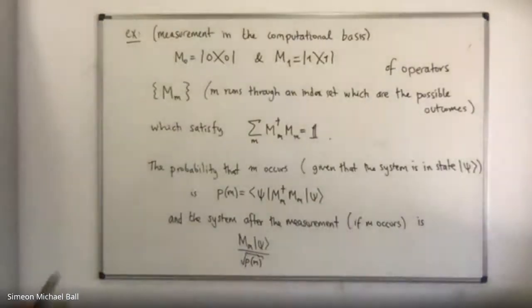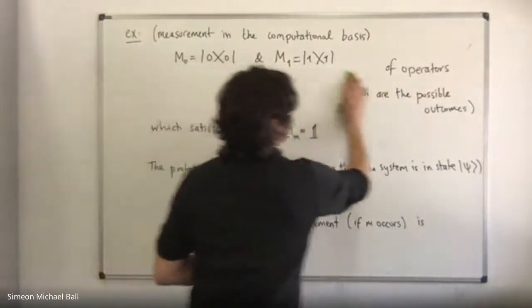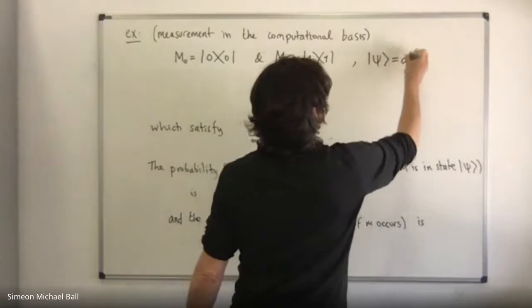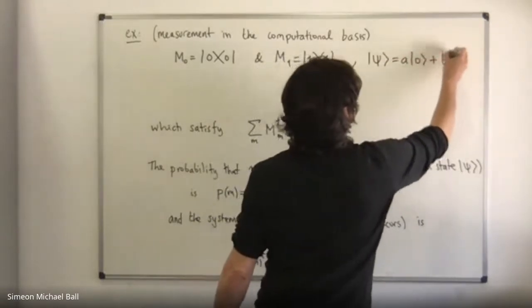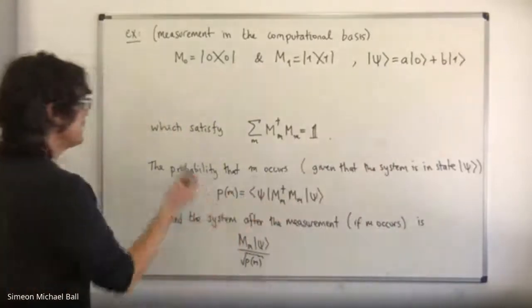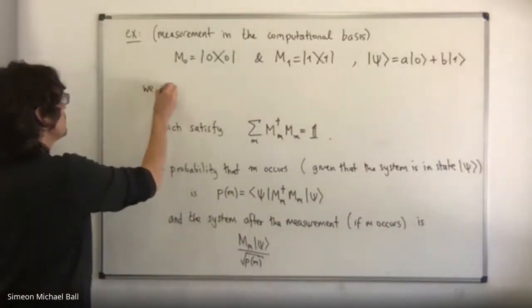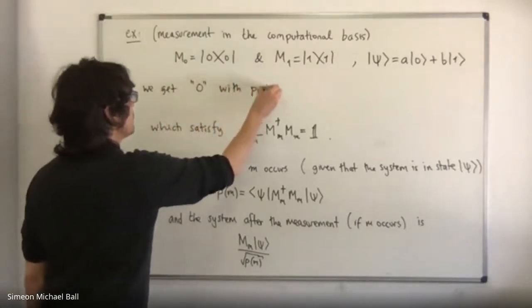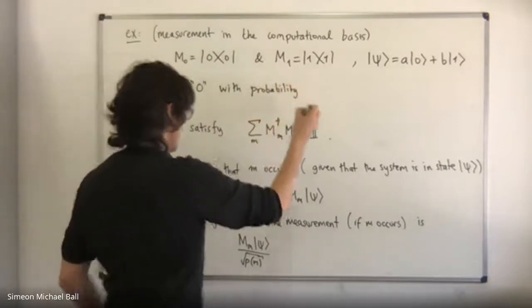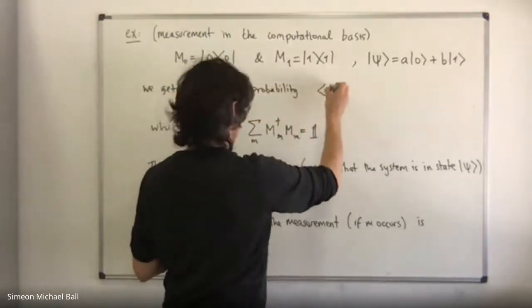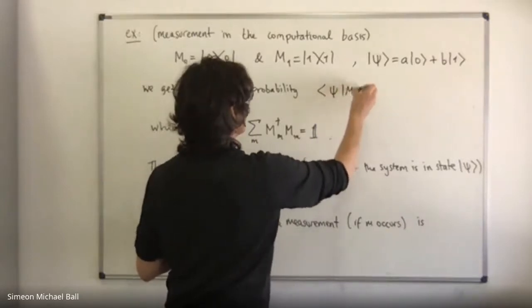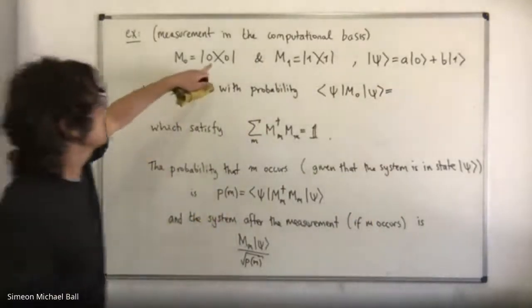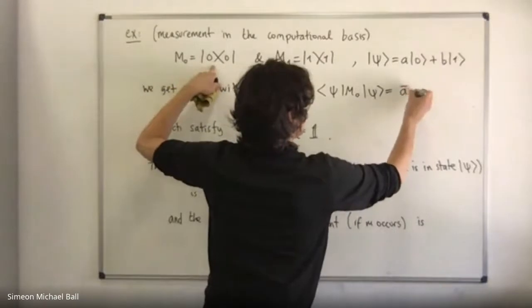This is just measuring our qubit. So we get 0 with probability, and that of course is simply alpha squared.